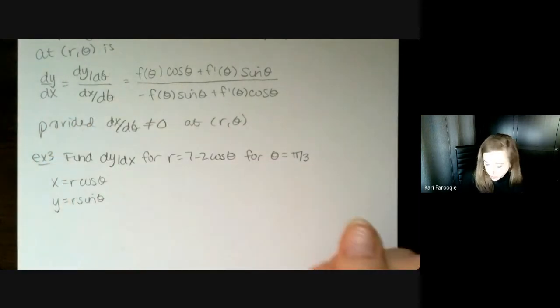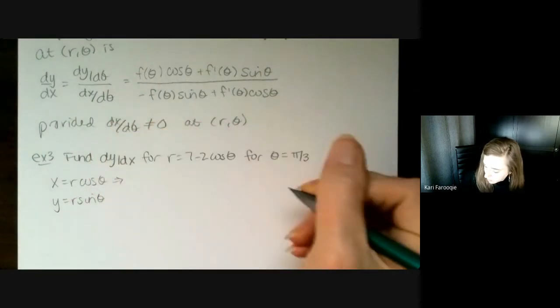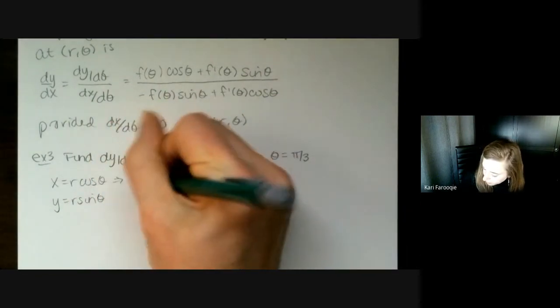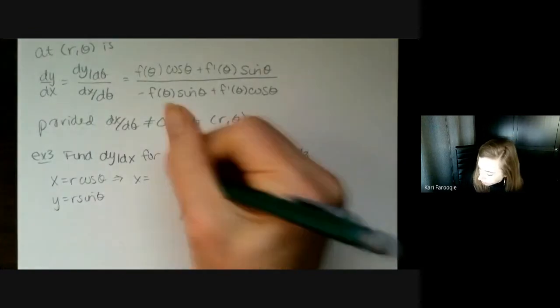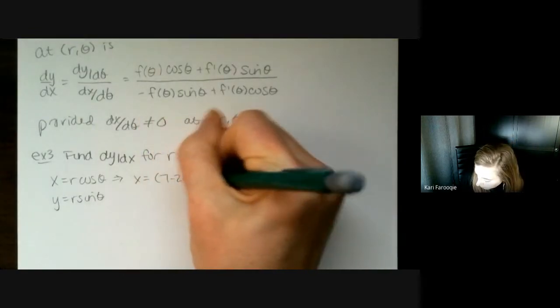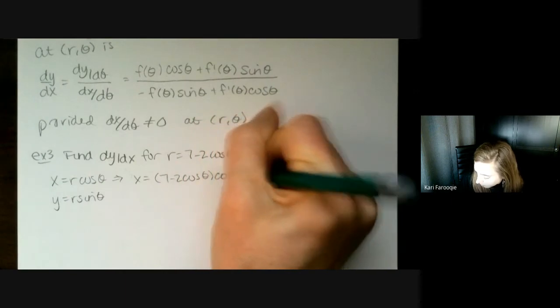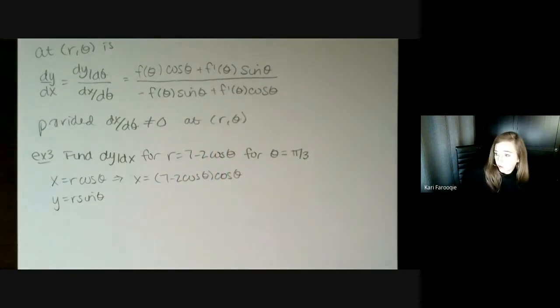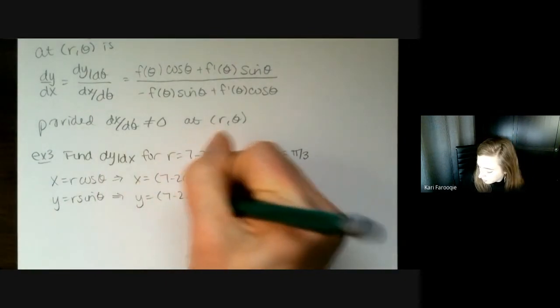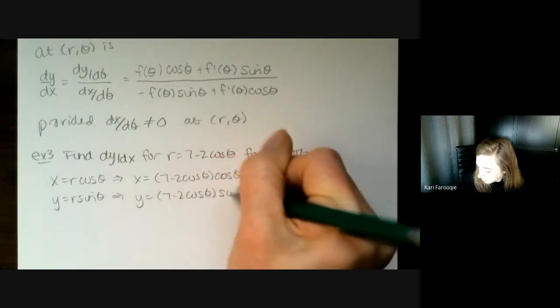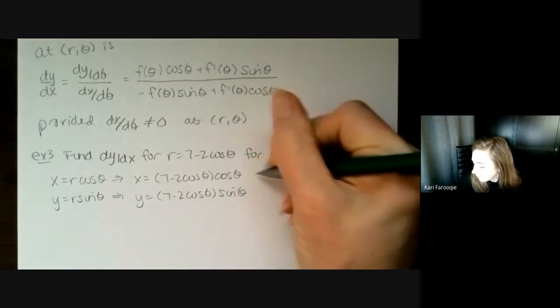So their process is just to let x equal r cosine theta, y equals r sine theta, and then you have x equals, if r is 7 minus 2 cosine theta, then just letting x be that r times cosine theta, and then again, r times sine theta.